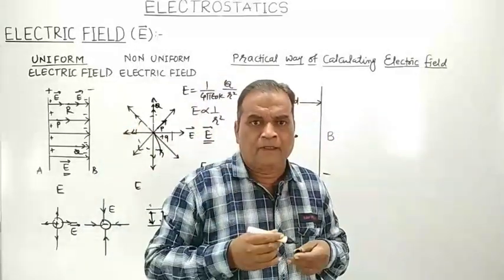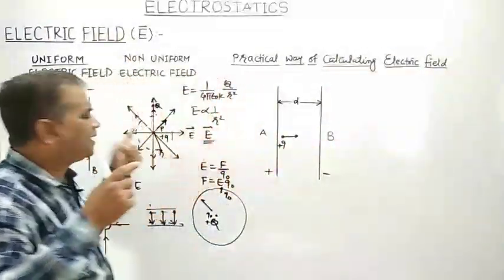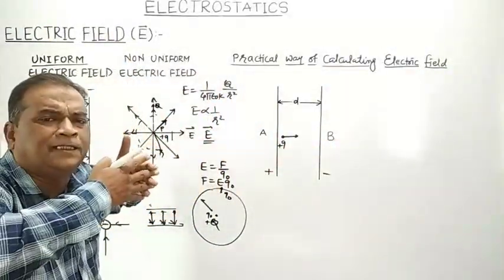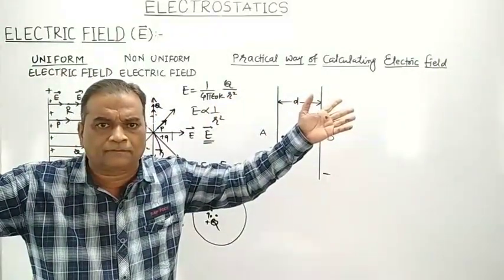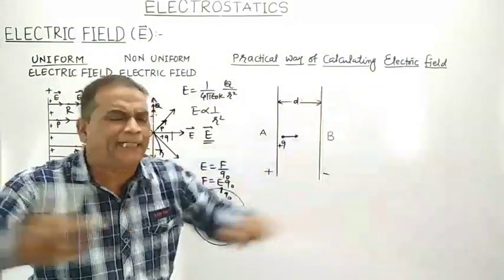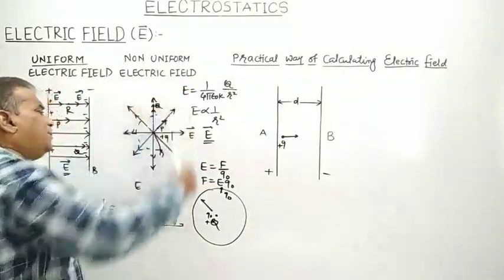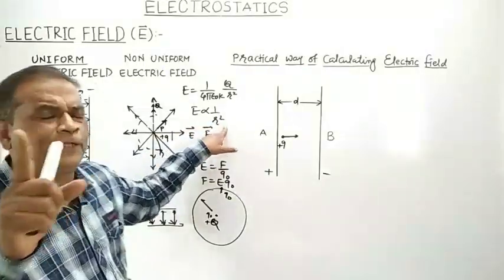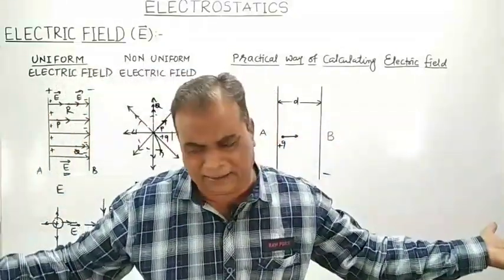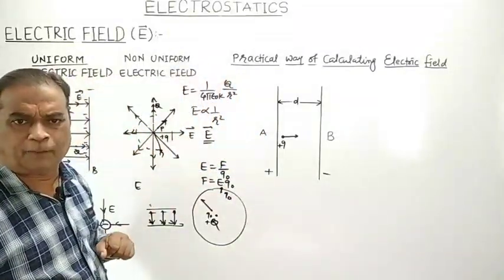Means a point charge produces an electric field. If that point charge is a positive charge, that electric field is radially outward. The magnitude of electric field intensity at all the points which are at a distance r from it, no doubt it is the same, but their directions are different at different points.